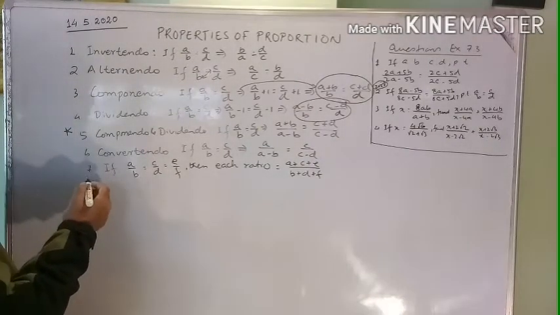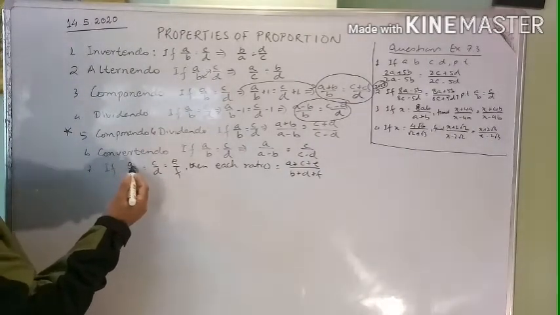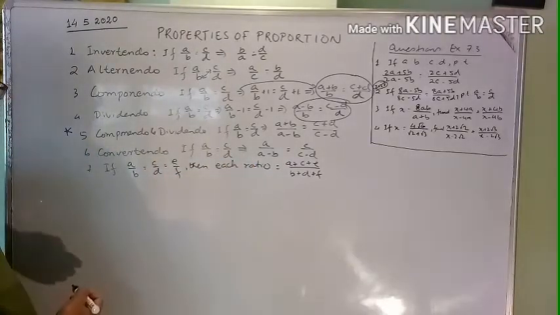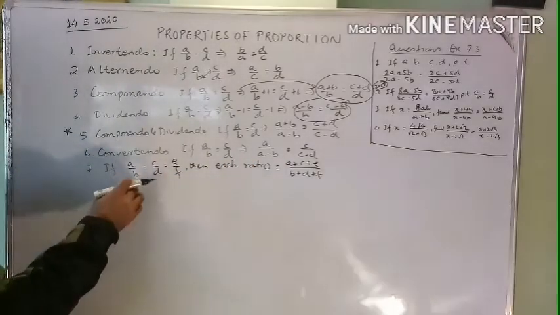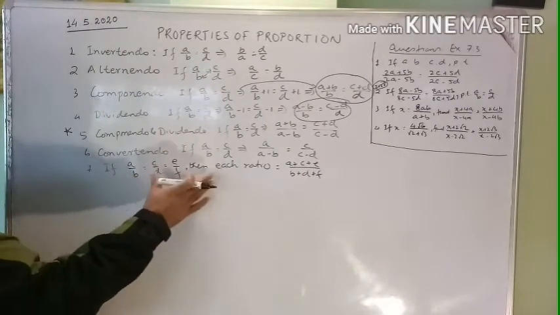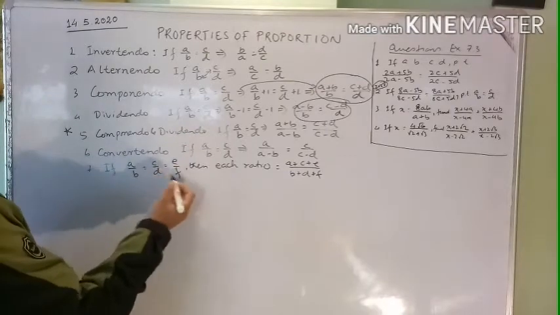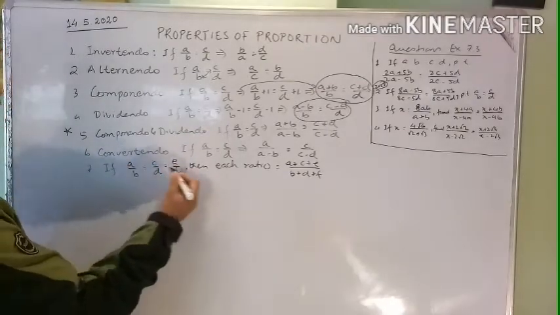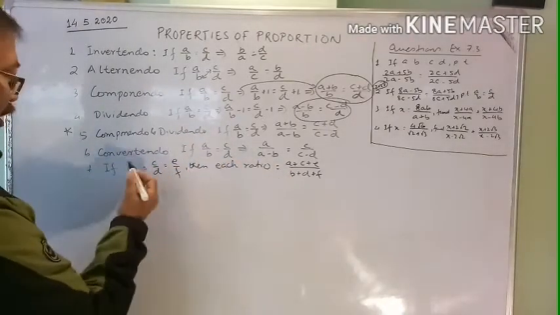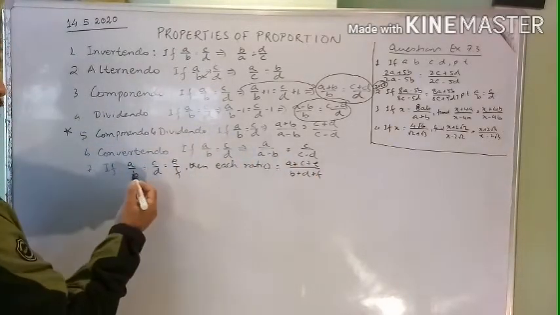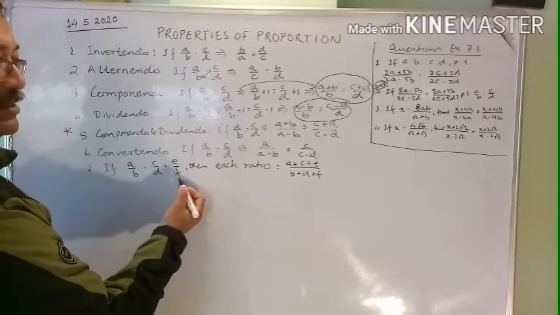And the last one is, if A by B is equal to C by D equal to E by F, there may be more ratios also, doesn't matter. Whenever two or more ratios are equal, each ratio will be equal to the sum of all the numerators, A, C, E, by the sum of denominators.